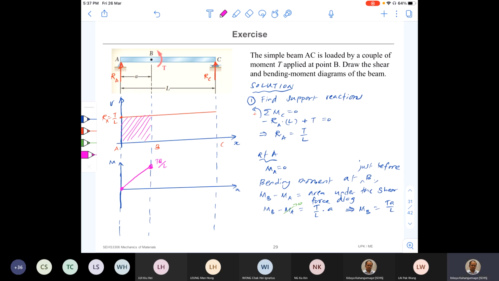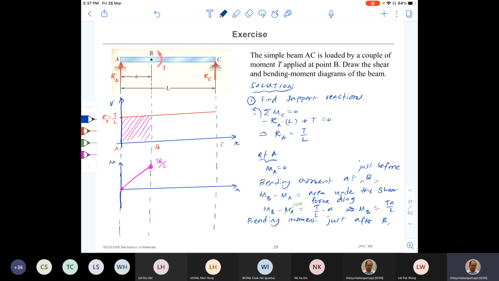Next, we'll find the bending moment between B and C, or just after B. How to find that?